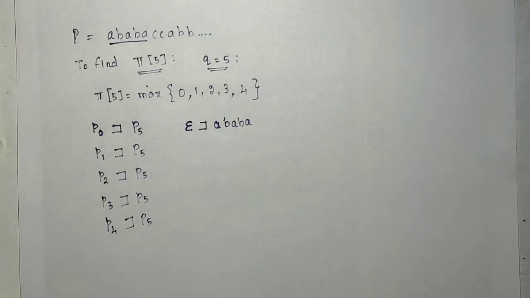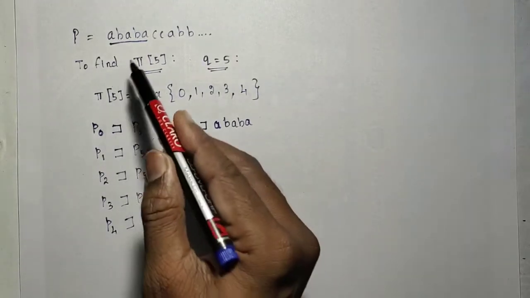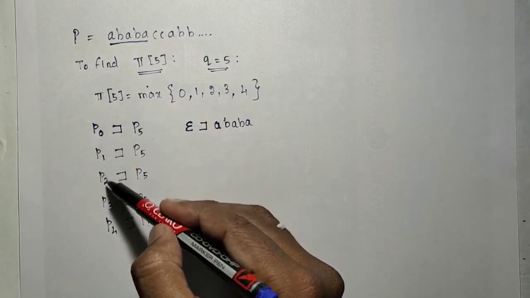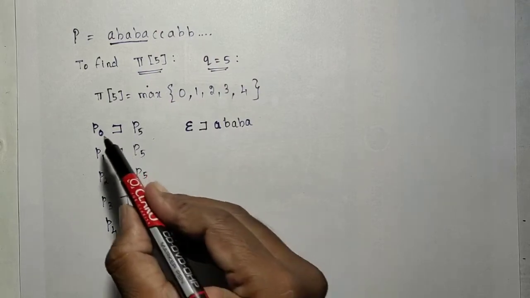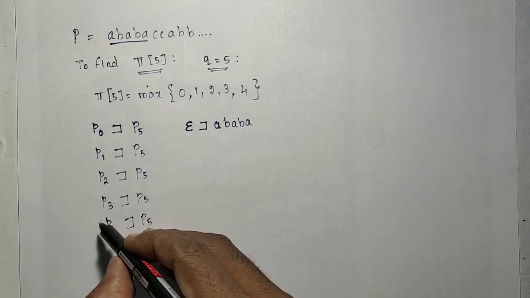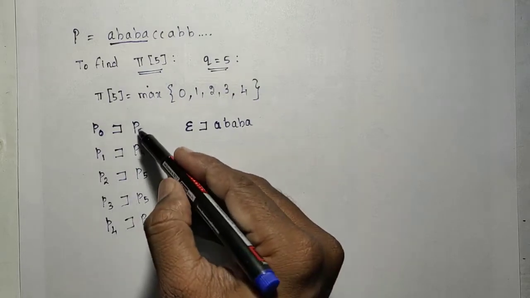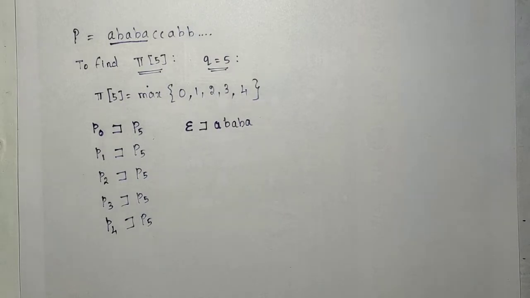Okay, so these are all the prefixes of the pattern. And among these prefixes, which one is the longest prefix which is a suffix of p5, that we are going to find.